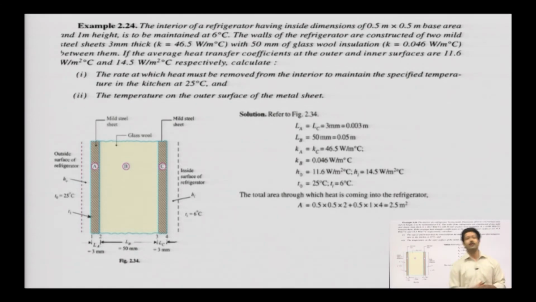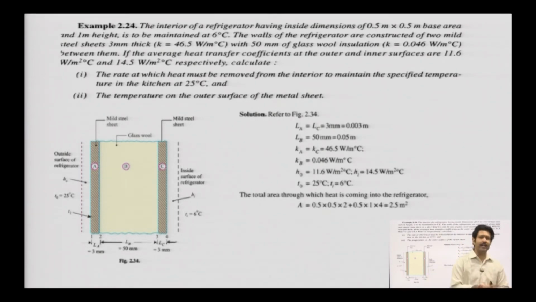Even if you want to, you won't be able to forget the concept of thermal resistance, Fourier's law of conduction, Newton's law of convection, and thermal resistance when you combine convection and conduction, and the composite wall along with convection on both sides. These types of numericals are very important.